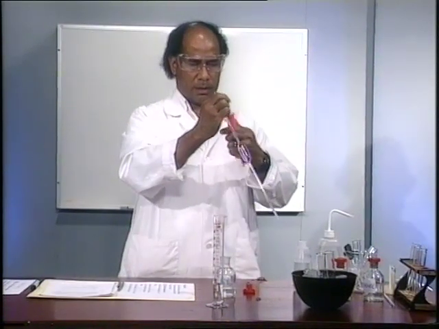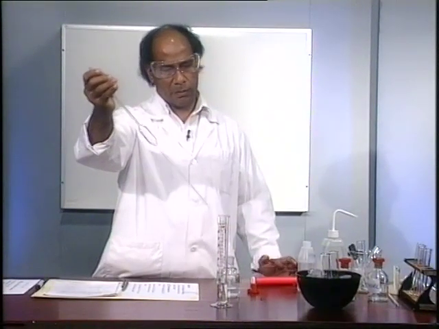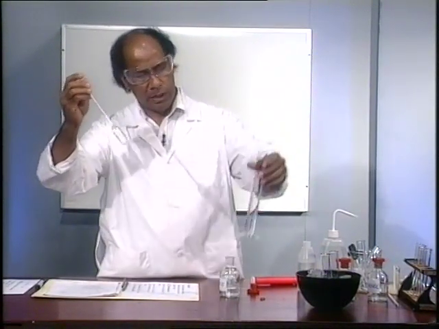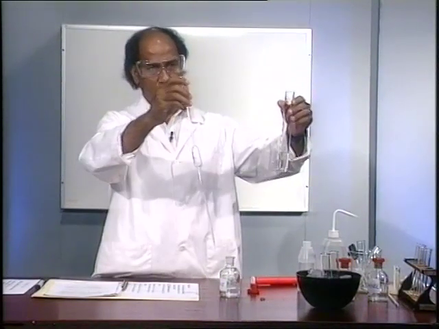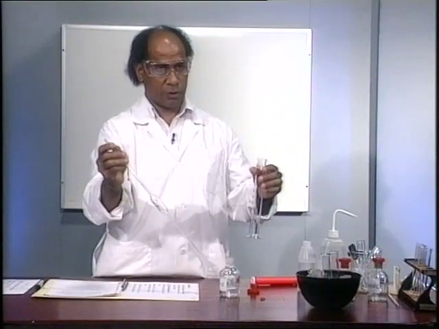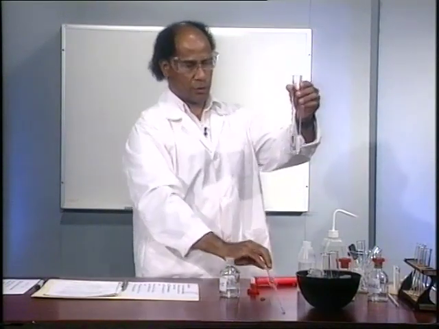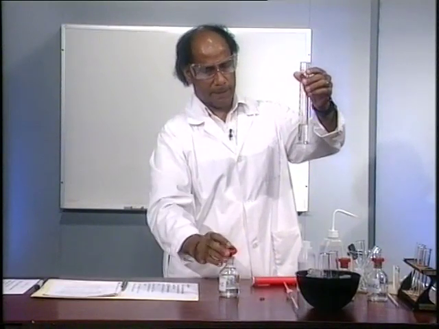Now I think I can do the pipetting, but the whole thing that I'd like to show you here is that you need to do it properly. We can do the same thing again with this solution and put it in here. So you can do that. I'm sure you shouldn't have any problems with that.